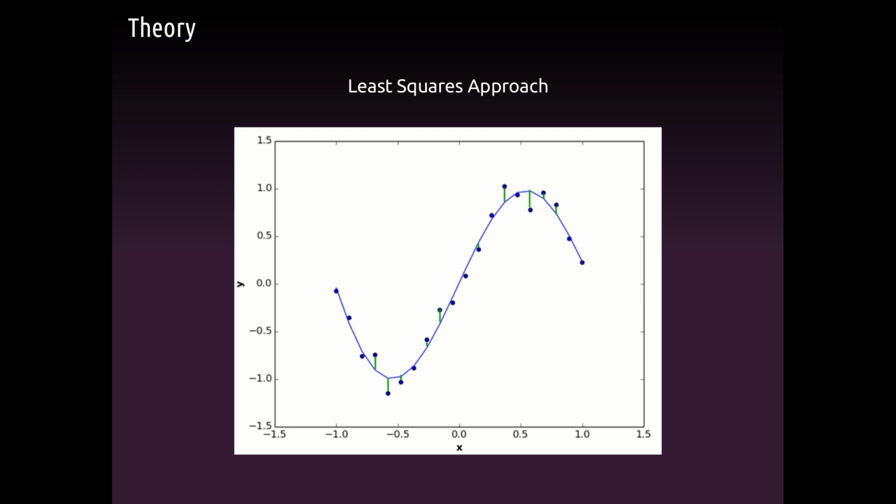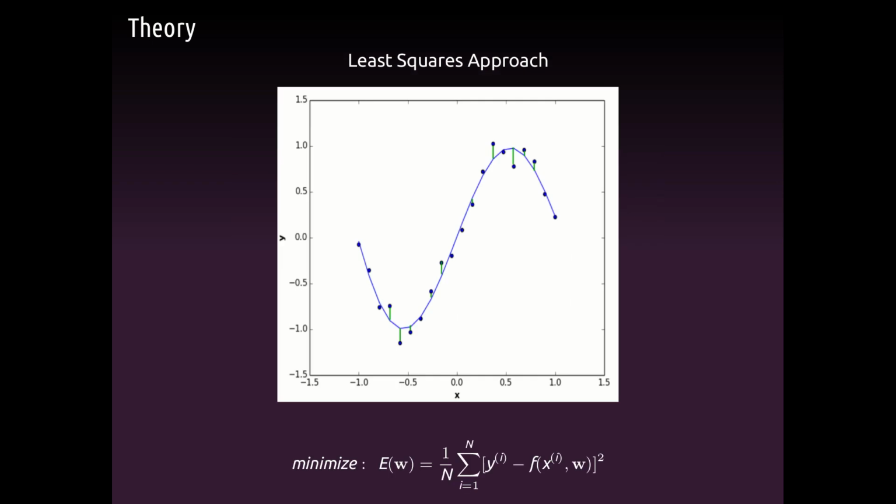And within this approach we try to find a nonlinear function that minimizes the summation of distances between itself and the true values expressed by our target variable y in this case. So we try to find a nonlinear function that minimizes the distances here explained in these vertical green lines you see.